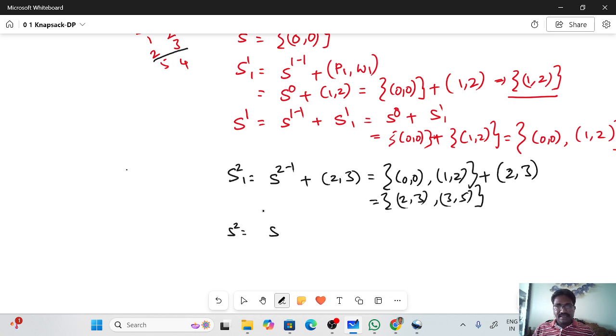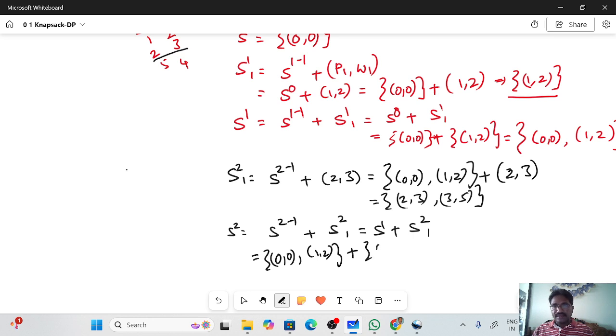The S2 set is the S2 minus 1 set merged with S2 1. S2 minus 1 is nothing but the S1 set, which we know is 0, 0 and 1, 2. Good. So the set 0, 0 and 1, 2 merged with, what is this set? 2, 3 and 3, 5.